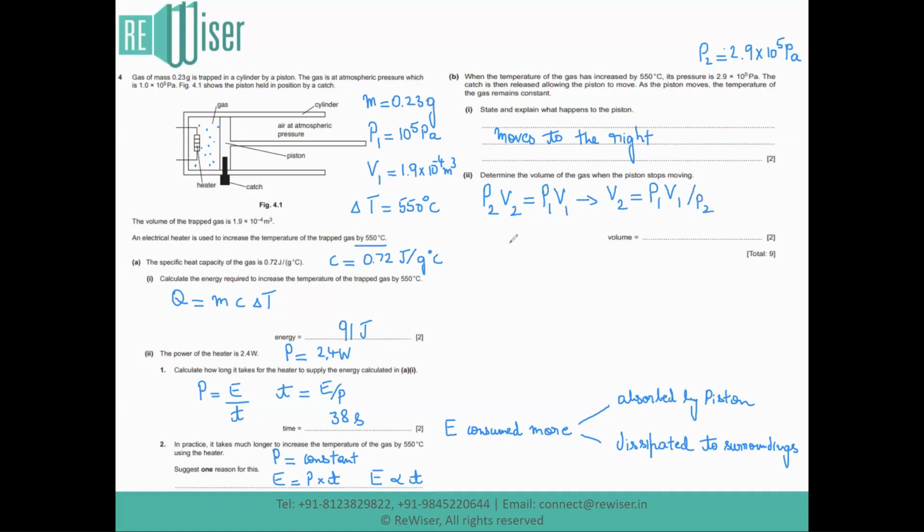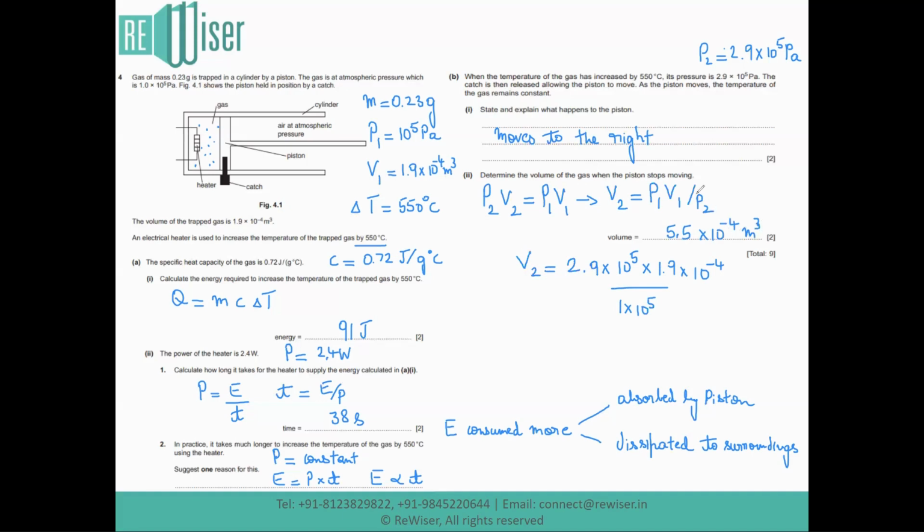We have the substitutions as V2 is equal to 2.9 into 10 to the power of 5 into 1.9 into 10 to the power of minus 4 divided by 1 into 10 to the power of 5. This gives us the value of V2 approximated to 5.5 into 10 to the power of minus 4 meter cube.